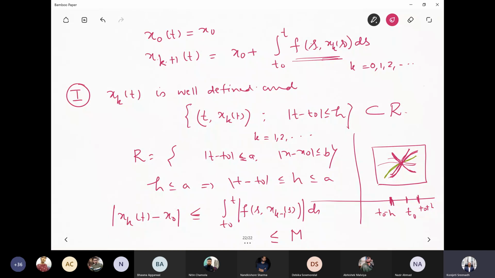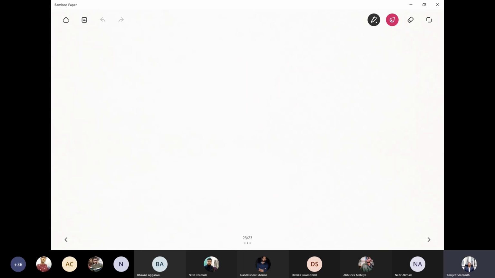Therefore, this is less than or equal to M times |t - t_0|. Since f is continuous, we can take the bound on f in a much bigger set. So |t - t_0| is less than or equal to h, and h is less than or equal to b by M, so M into b by M is equal to b. So now we have this.